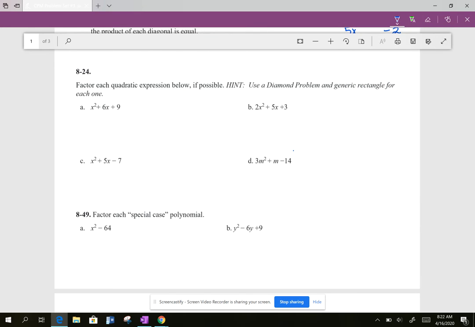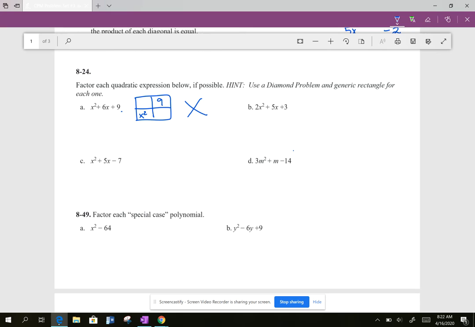8-24 says factor. That's taking, again, a sum and rewriting it as a product. So if it's helpful, use a generic rectangle and a diamond problem for each one. I'm going to do part A here. Let's see, x squared down here, the constant term 9 goes up here.